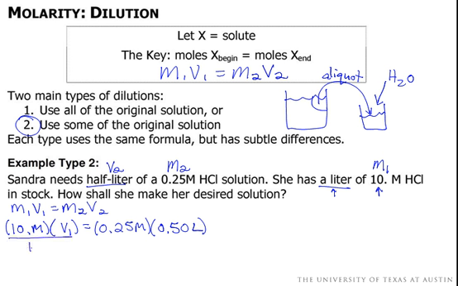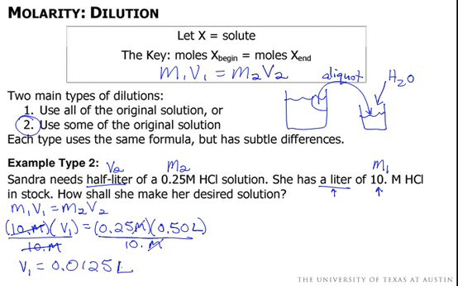So I divide by my molarity to get V1 all by itself. So I get V1 is 0.0125, reading it off the calculator there, and that is in liters.